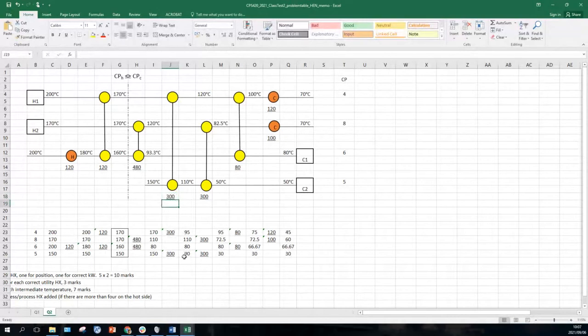You see now we've got 5 degrees C temperature difference. So if we want another 5 degrees C temperature difference, we would choose 200.